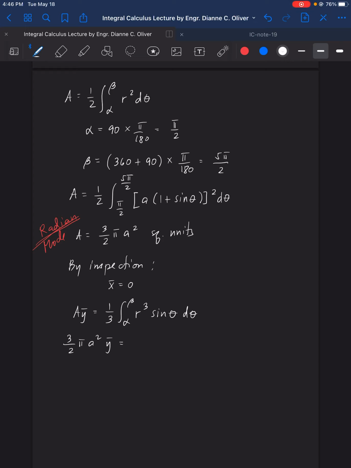Y bar is equal to 1/3 of integral of a(1 plus sine theta) raised to 3 times sine theta d theta. Alpha is pi over 2, beta is 5 pi over 2.